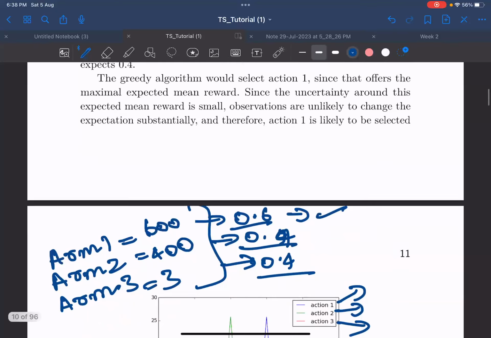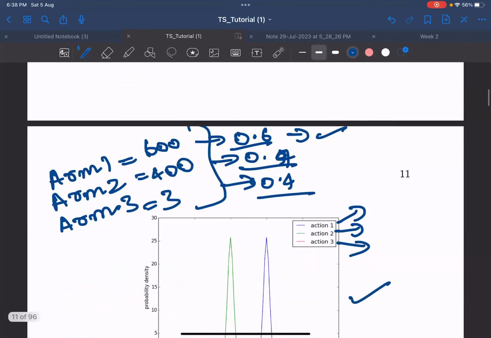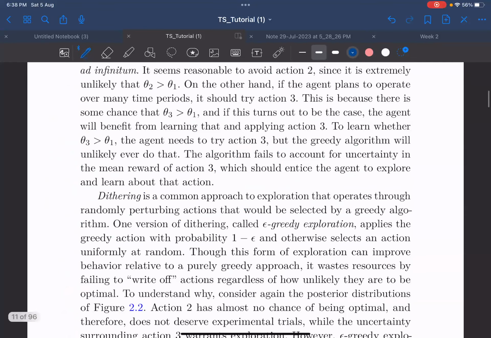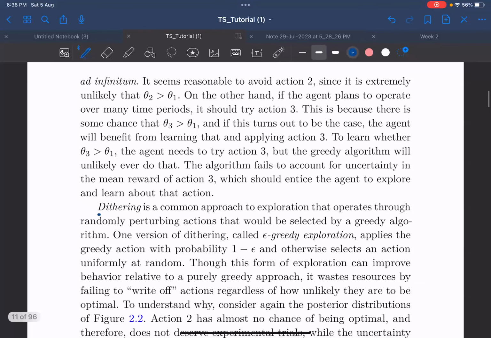So now you got the concept that obviously exploration is essential. Yes, Vatsal, you are also right. And Shara, more weightage should be given to arm 3 for the exploration. That is why it is called the dithering concept. Dithering concept says that exploration should also be done along with exploitation.